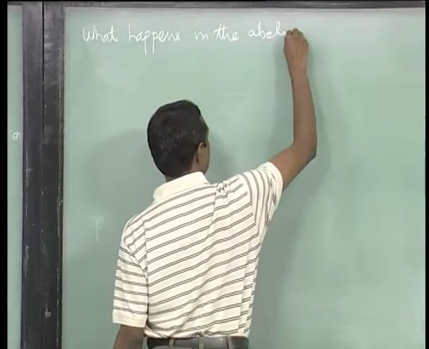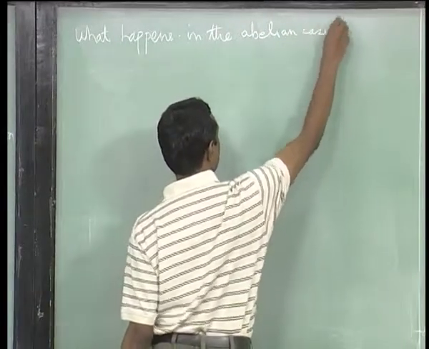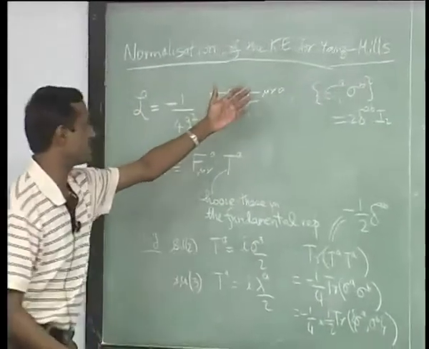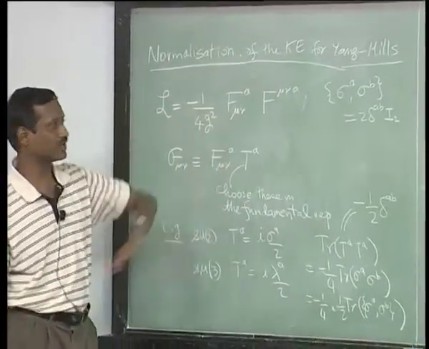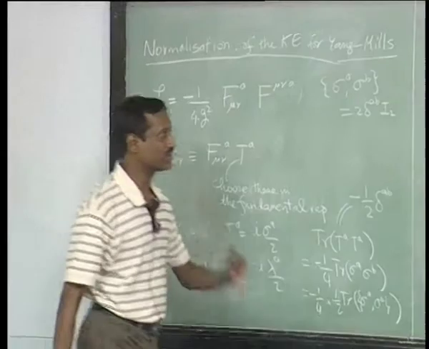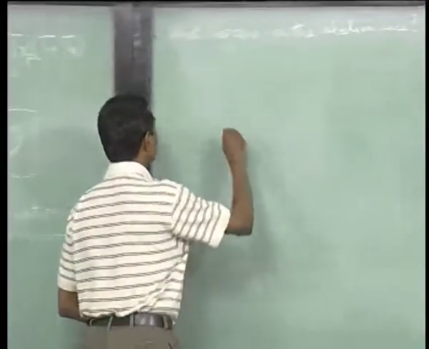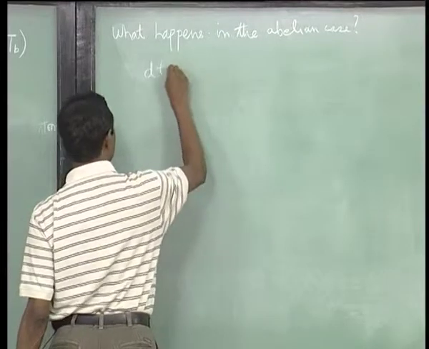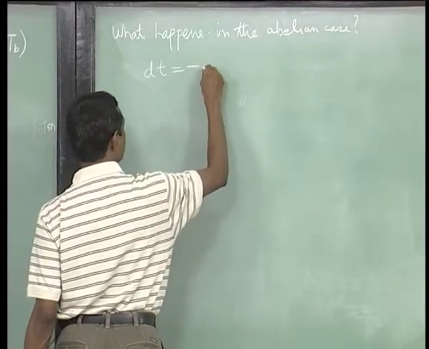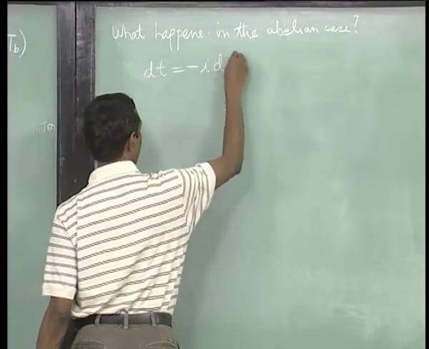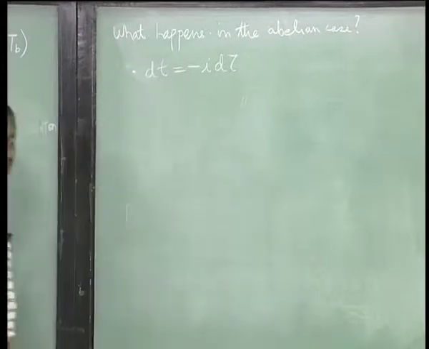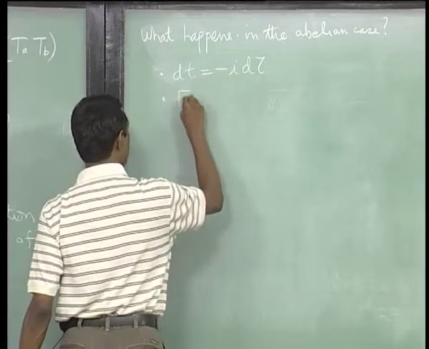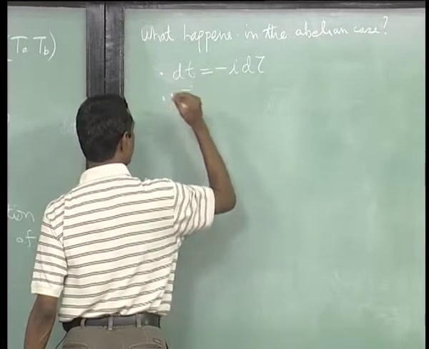Okay. So the action is still the same, but there are none of these A things, there is no traces, nothing. So let us see what we need to do. So first thing to realize is that dt becomes equal to minus I d tau, that is good. Okay. Now what happens to f mu nu? So f mu nu can be broken up into two parts.